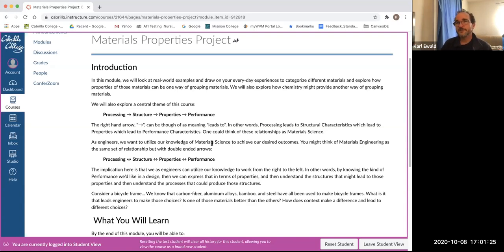So it was only when science basically focused its energy on understanding what was going on that engineers were more capable of defining processes that would produce the structures they were hoping for because of the properties. So it's harder to go back through that and say, I need a material that's super light, is super strong and very stiff.